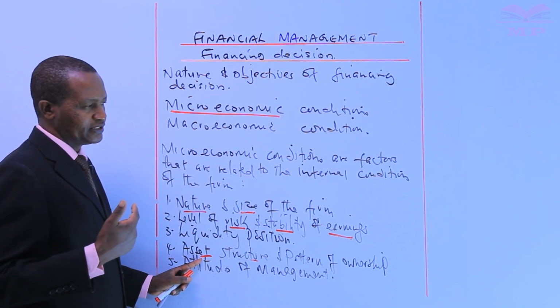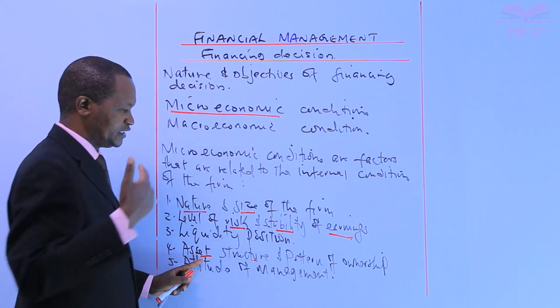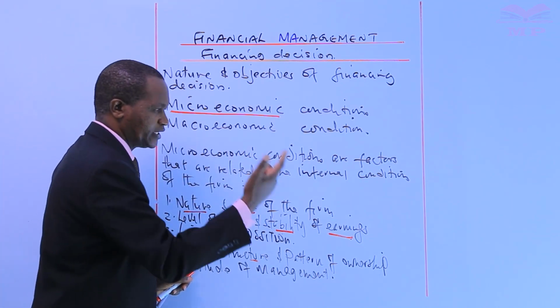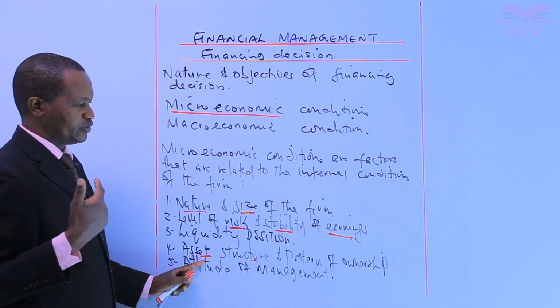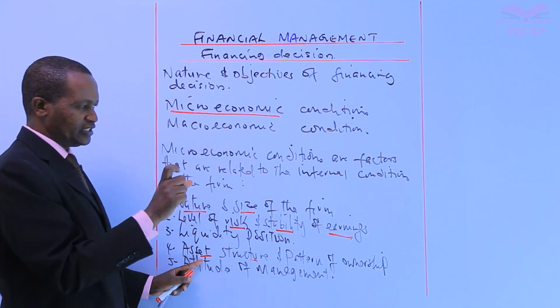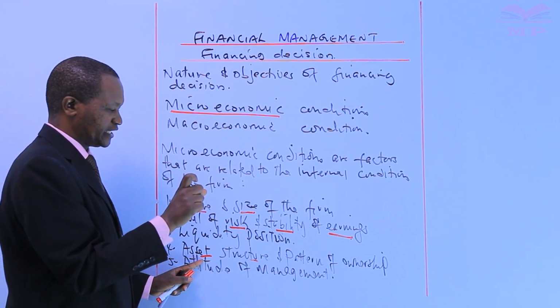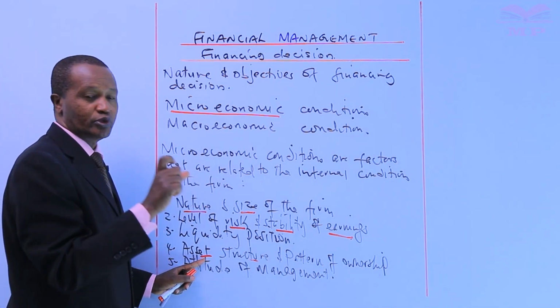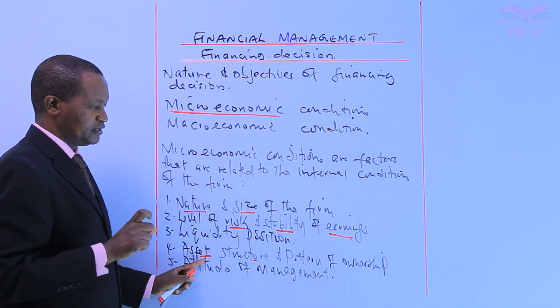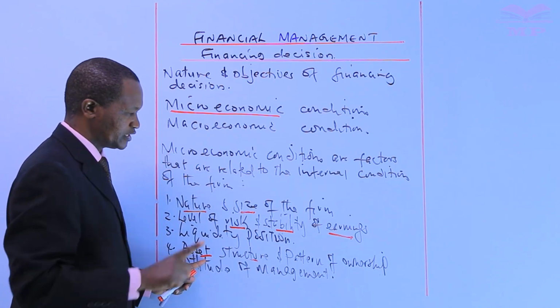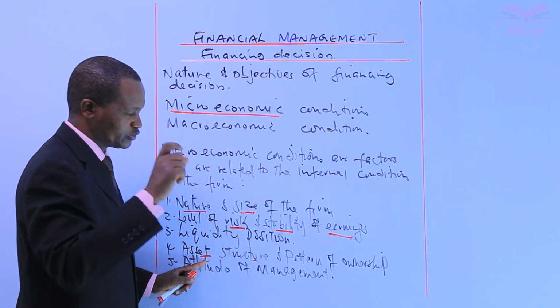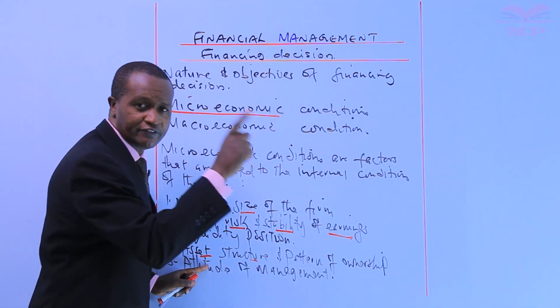Now, I'm repeating, candidates, a conservative dividend policy is a policy where the company chooses not to pay dividends to the shareholders, but retains the money for financing of the projects of the company. A company that adopts a conservative dividend policy is a company that chooses to use the internal sources of finance to finance its projects instead of paying dividends.